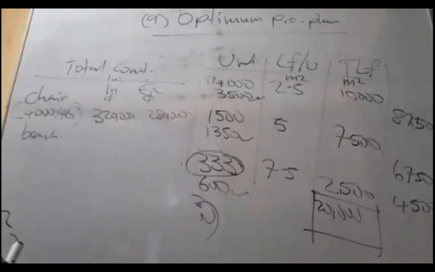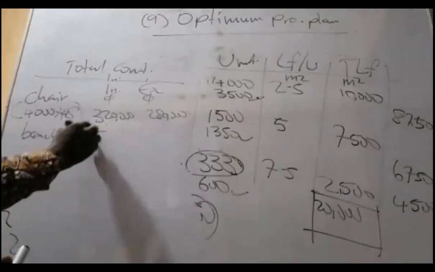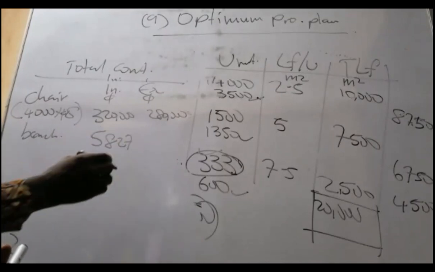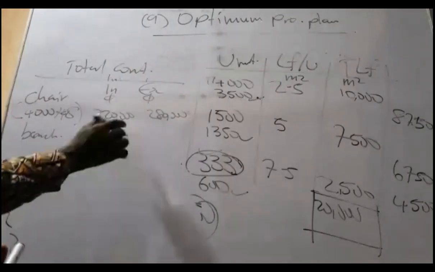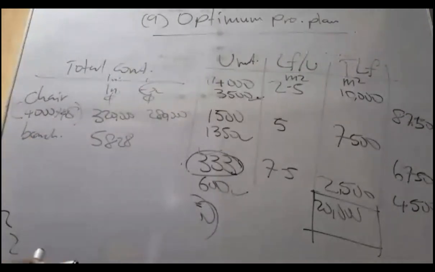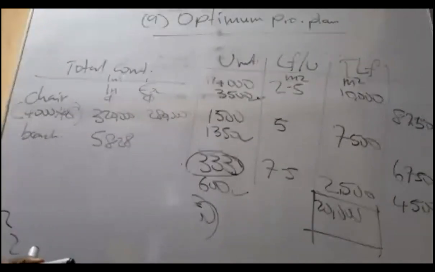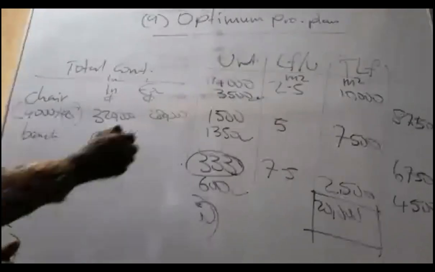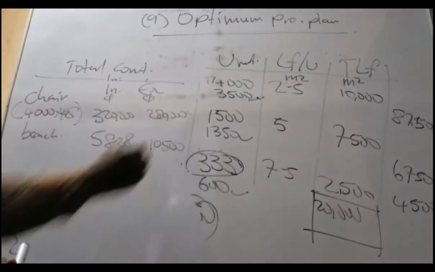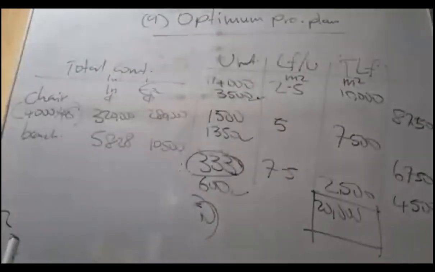That'll give us 5,828. Over here it will be 600 times 17.5. That'll give us 10,500. Started seeing the difference?